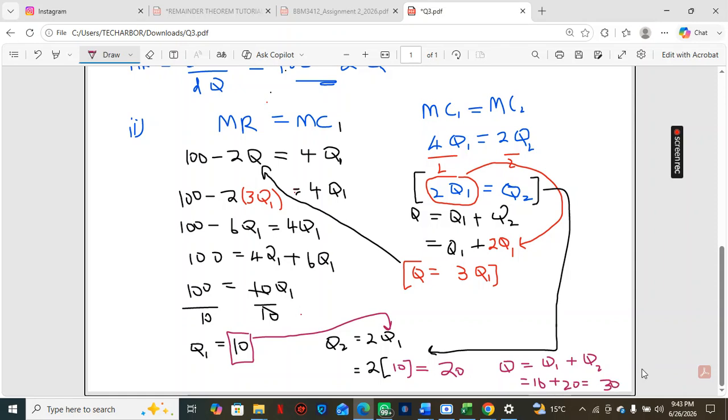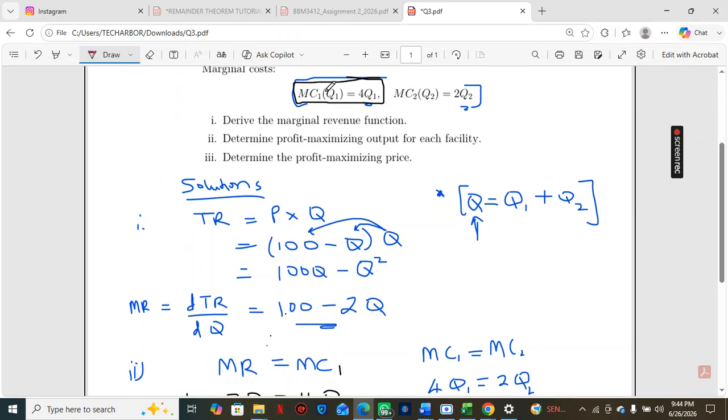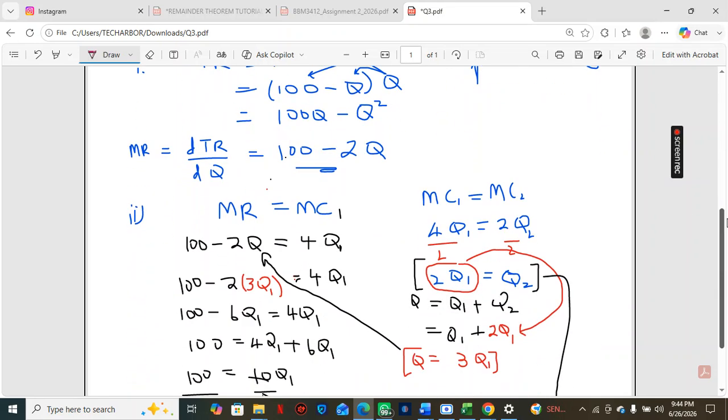Right, colleagues? Yes. So remember, with these type of questions, whenever you have two marginal costs, the first thing you need to do is express overall Q in terms of Q1 or Q2. So in order to find that expression, first equate the first marginal cost to the second marginal cost.